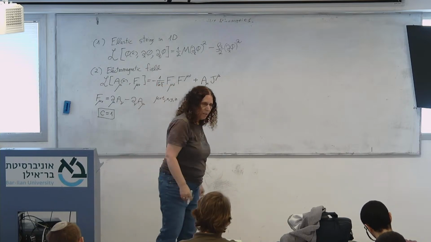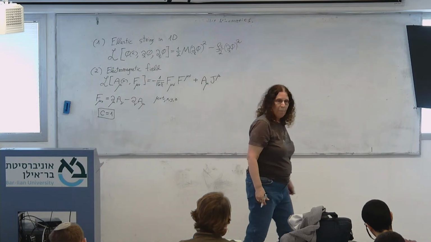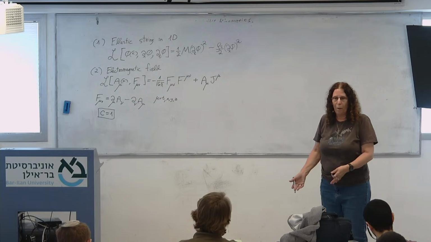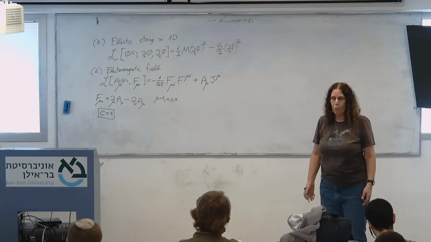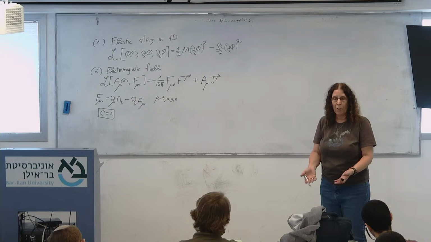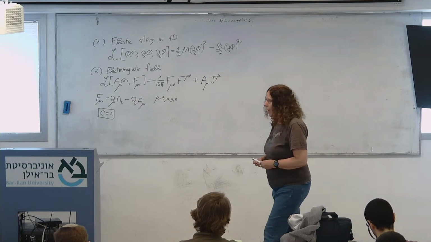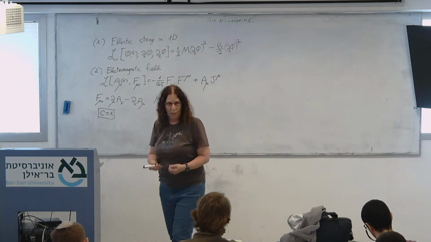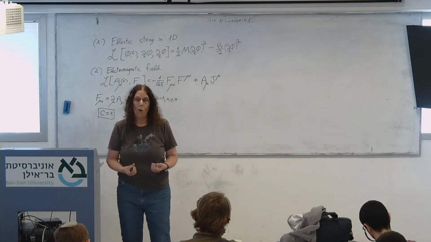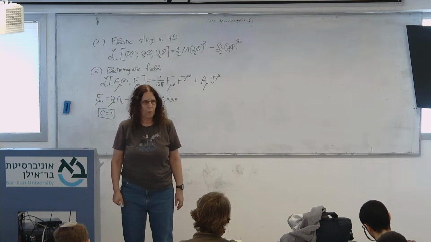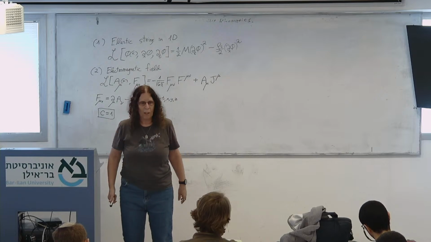Why is it easiest? Because we can go back to the original Hamiltonian. Remember how we started? We wrote a Hamiltonian for the chain, right? And in this Hamiltonian, we had coordinates and momenta of particles. Now, if these particles are quantum, we already know how to quantize.